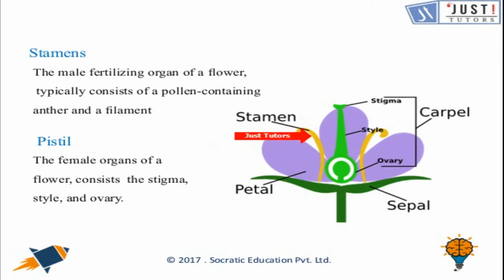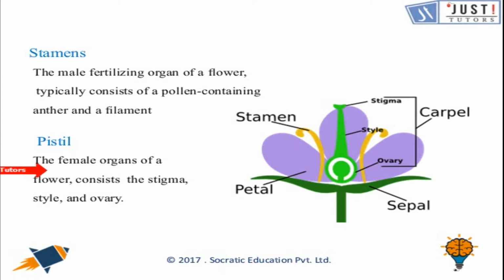Now this stamen here. What is stamens? The male fertilizing organ of flower typically consists of pollen containing anther and filament. So this is stamen, the male fertilizing organ of a flower. Now pistil. What is pistil here?